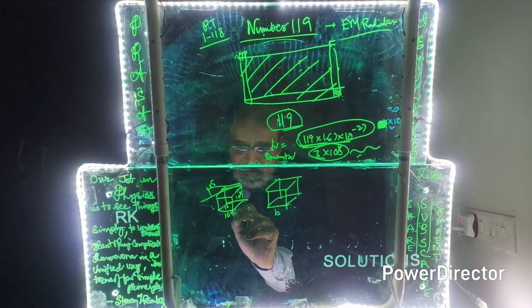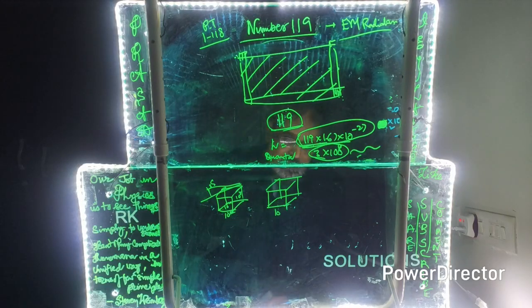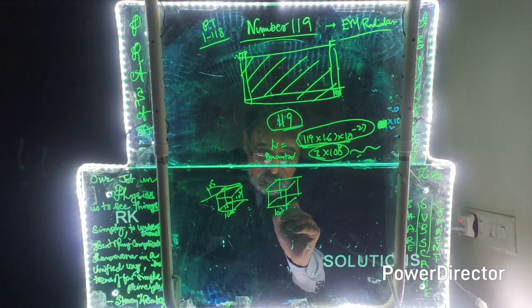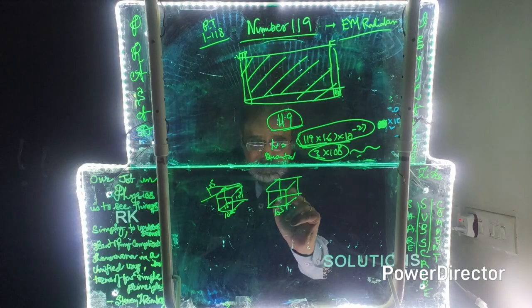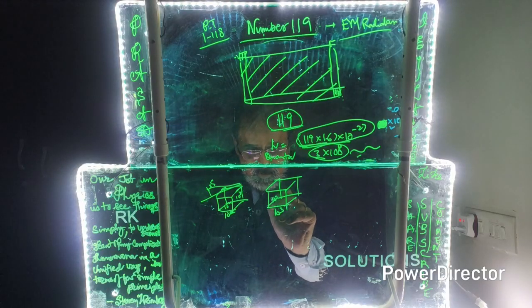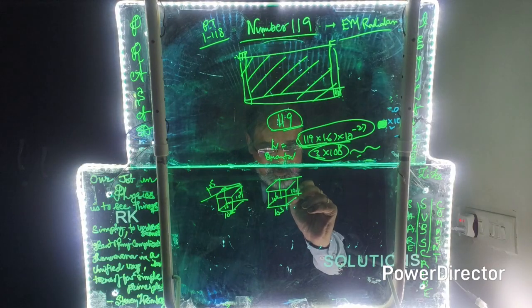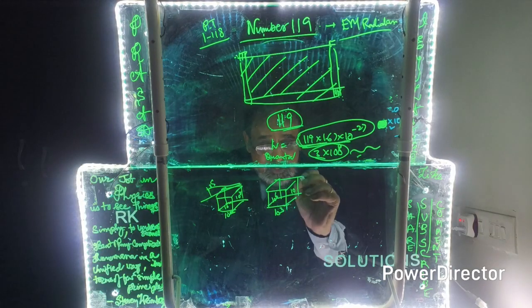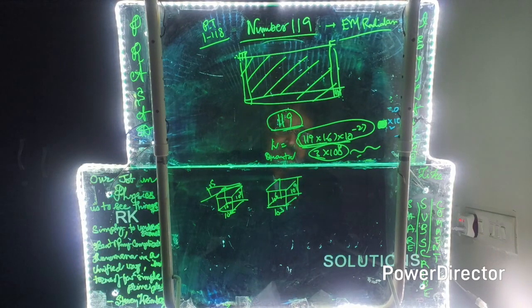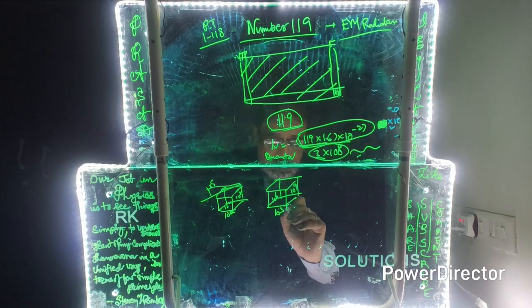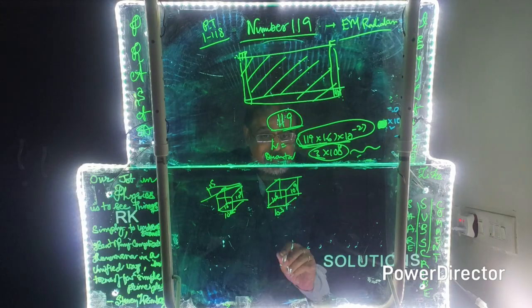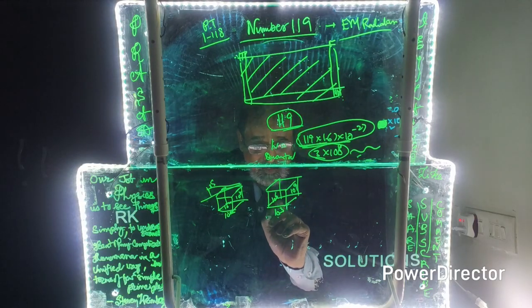This is arbitrarily we took it as 2. What if this is a cube? This will be 10 cube raised to 2, that is 10 raised to 6. This will be 10 raised to 3 raised to 3, 10 raised to 9. Right? So this basically is a different thing.